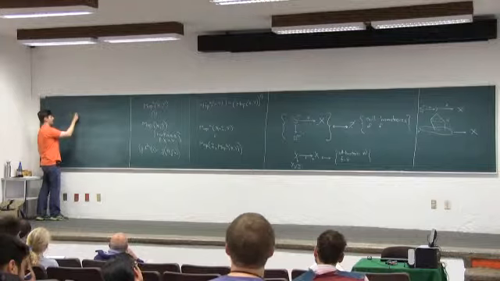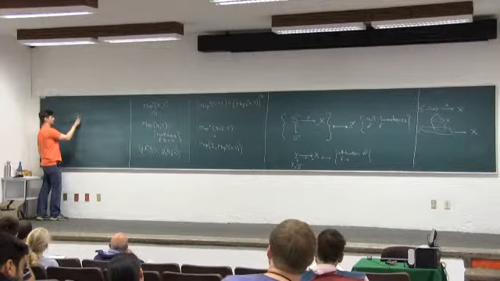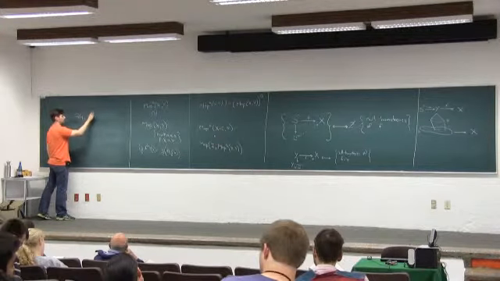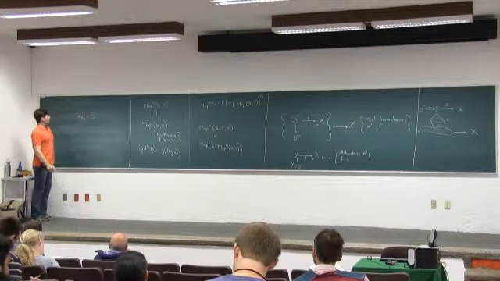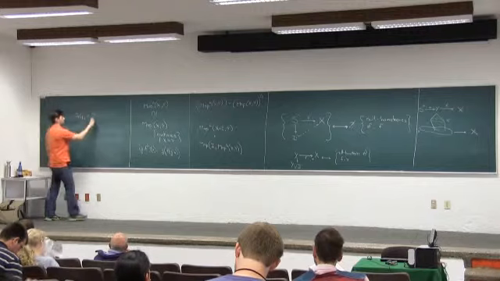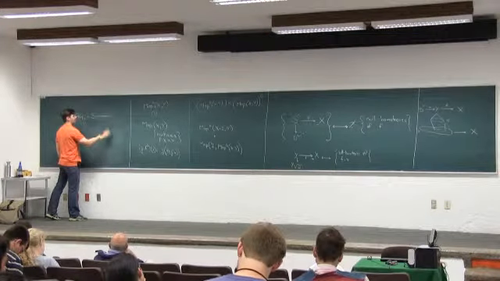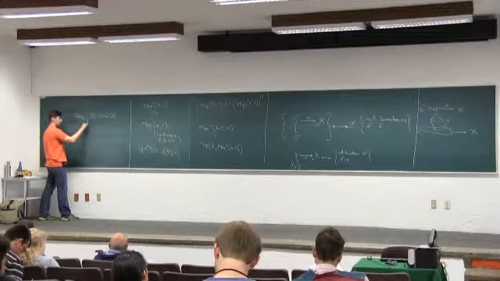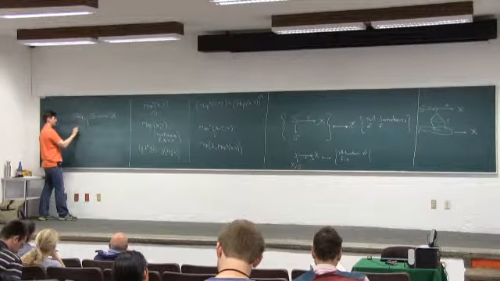If I have a map, and I'll switch to the pointed context because it'll be easier for me later, I have a map from G/H_+ smash S^n into X. Now these are G-spaces. This embeds into the disk.